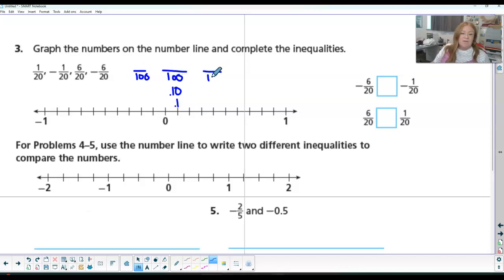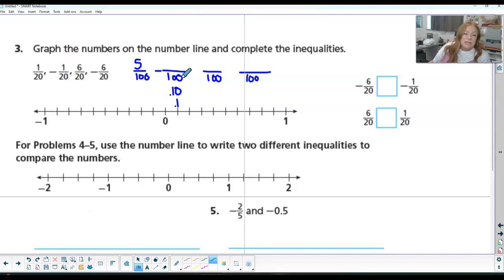So we're going to get our 4 fractions with denominators of 100, because I know that 20 can go into 100. 20, 40, 60, 80, 100, 5 times. So how do I get from 20 to 100? I multiply by 5. So 1 times 5 is 5. Then we have negative. This one's negative.